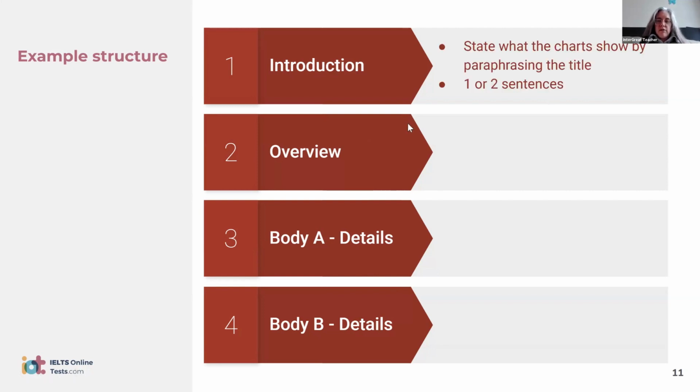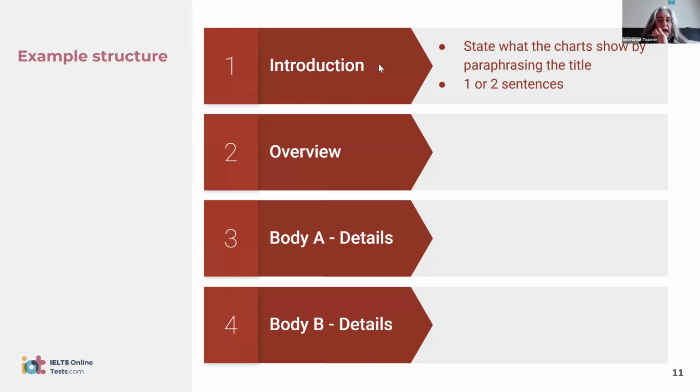Okay. So first, the introduction. In the introduction, you need to introduce what the information is about. In order to do that, you can paraphrase the sentence from the task itself, the sentence that introduces what the information is about.